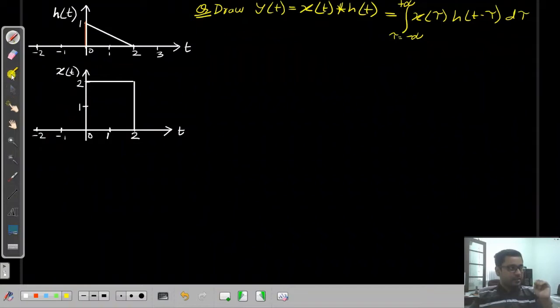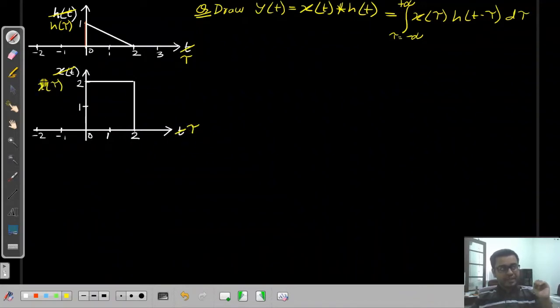For that, let me just erase this t and put tau here as well, h of tau, here x of tau and tau.